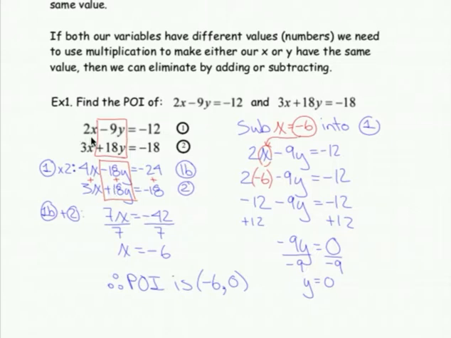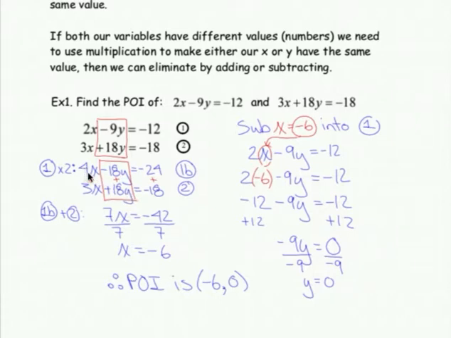Okay, so we multiplied this whole top one by 2, which gives us 4x minus 18y equals negative 24. So we did the whole equation. And we line up our other equation under it. And because we have a minus 18 and a plus 18, we add them together.